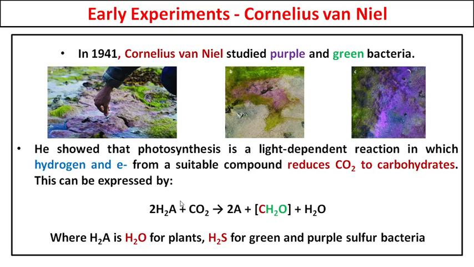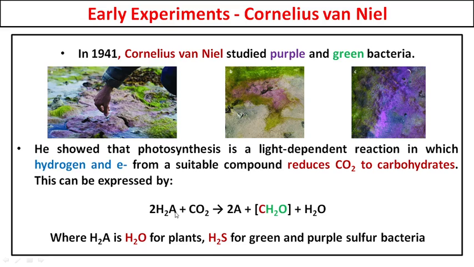In case of purple and green bacteria, this H2A is actually H2S, hydrogen sulfide. If you know hydrogen sulfide, it smells like rotten fish and rotten eggs. It smells very bad. So this H2S was actually being used by these green and purple sulfur bacteria. They used hydrogen sulfide as hydrogen and electron donor.